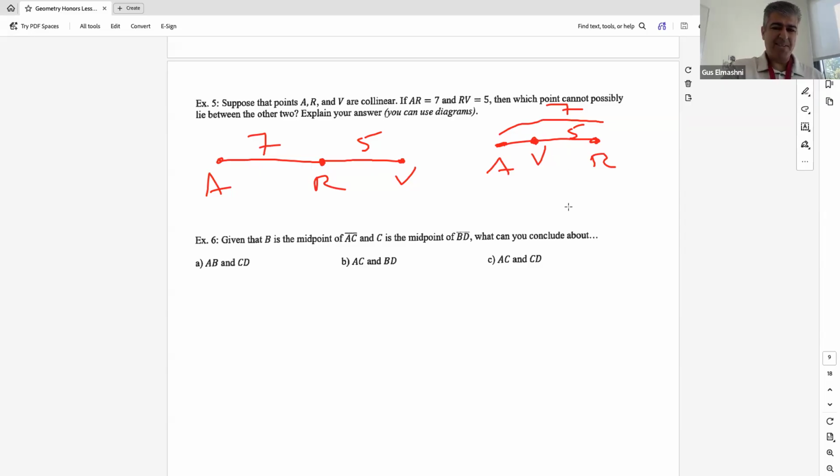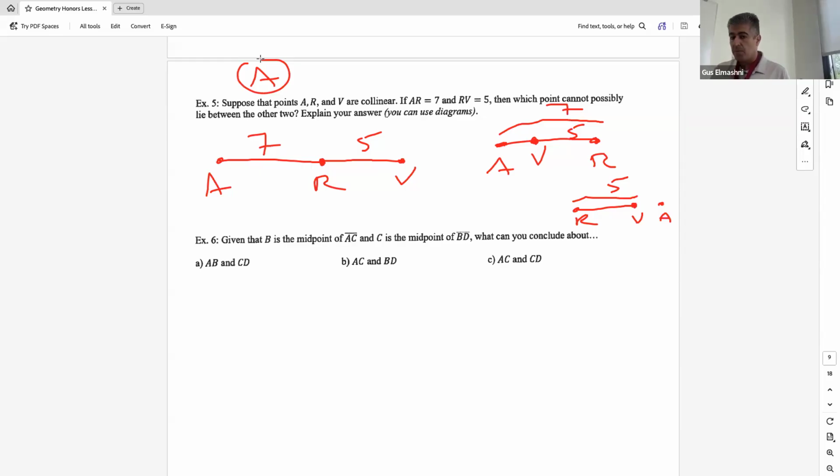Probably not, right? Say I drew RV, which is 5. Well, that's going to be weird, because A would be over here, so it wouldn't be in between. So A is the one that can't be between. Or you put it to the left, which we already did.